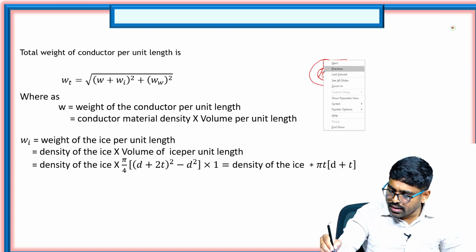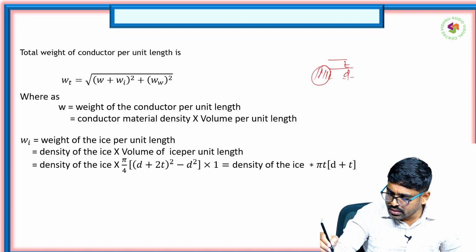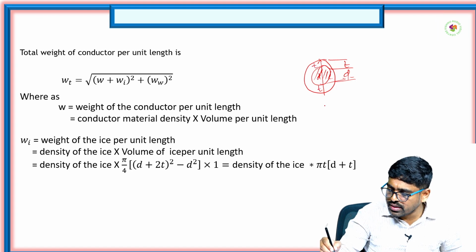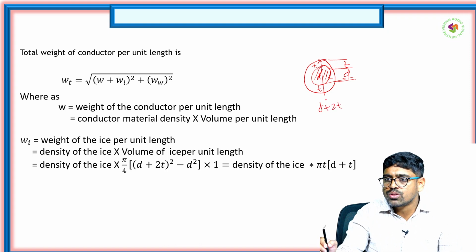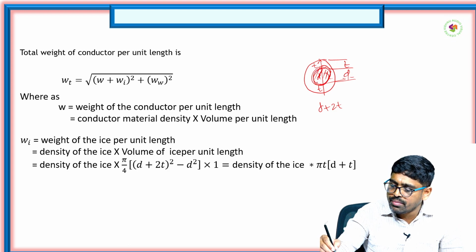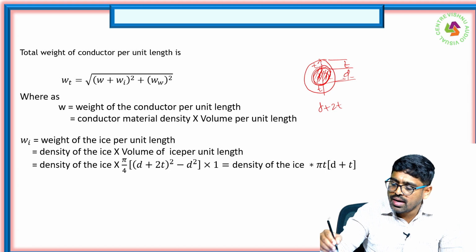So the total diameter we need to calculate is d plus 2t. This diameter whole square, minus the conductor diameter square, gives us the ice coating.